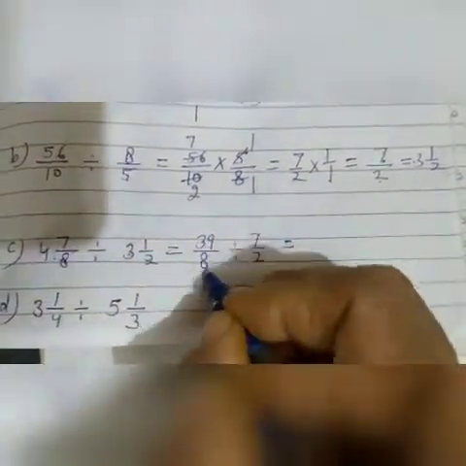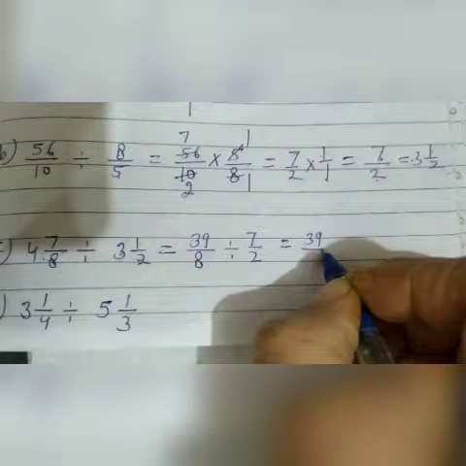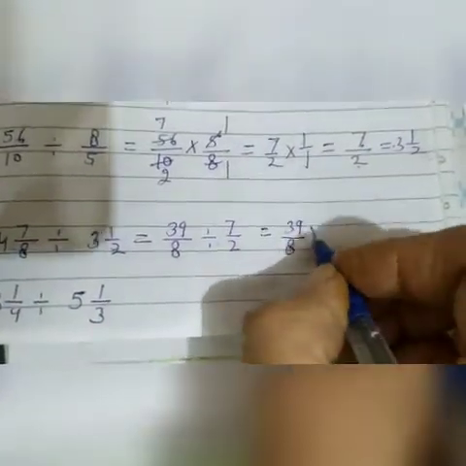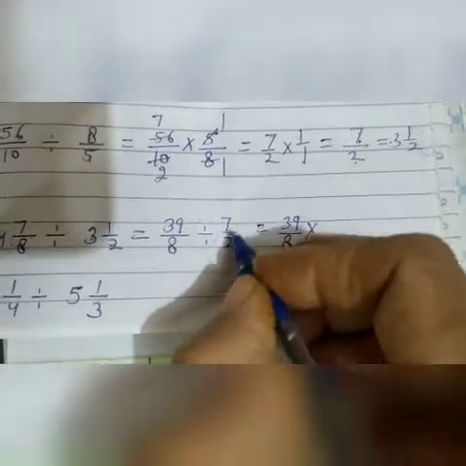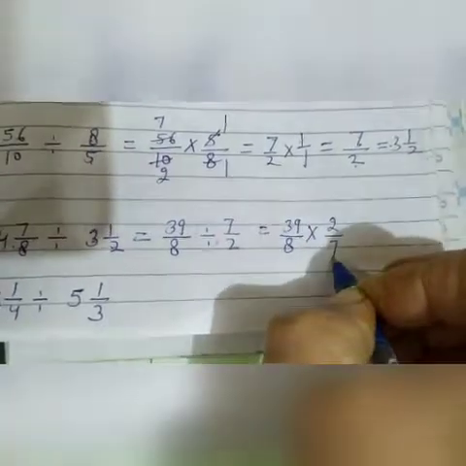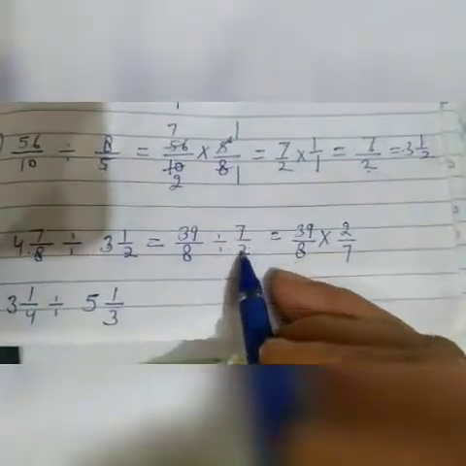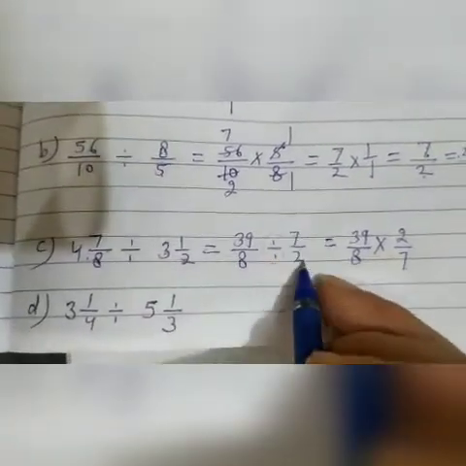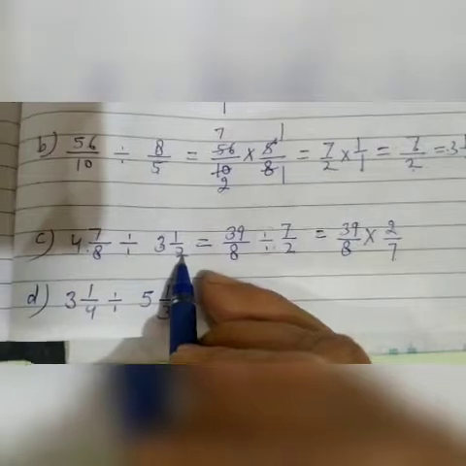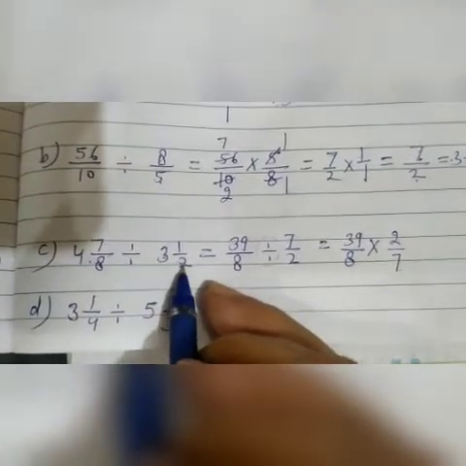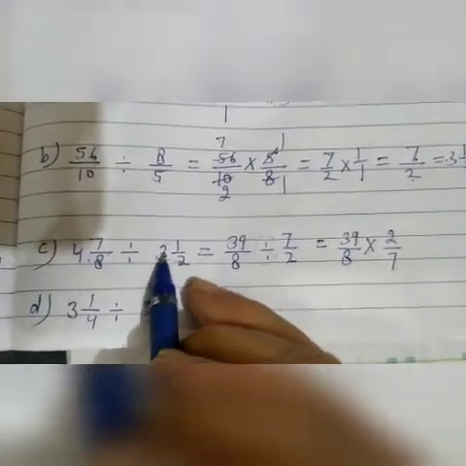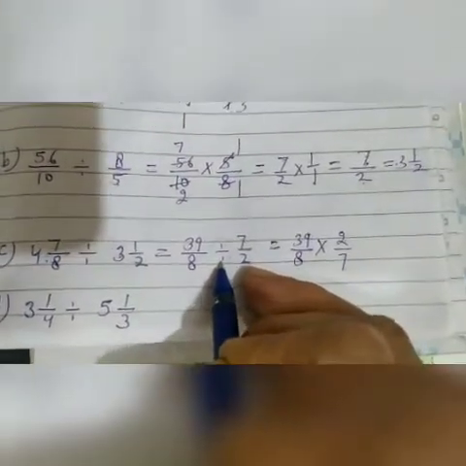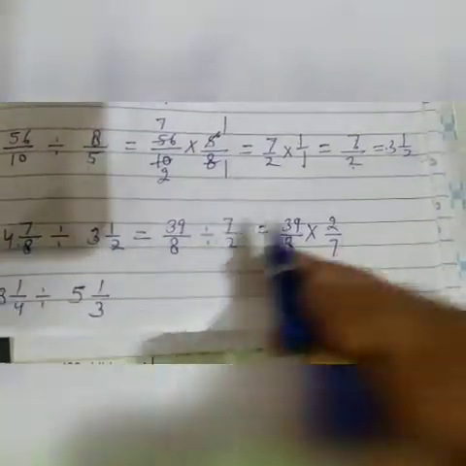Now this 39 upon 8 will be written as it is. Now we will change this divide into multiply, and we will write the reciprocal of 7 upon 2, which is 2 upon 7. Here we have not written a reciprocal for the mixed number, we have just changed it into an improper fraction. 2 threes are 6 plus 1 is 7 upon 2. So we have not changed the division sign into multiply.